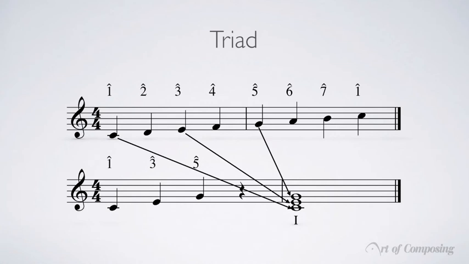And if we take a look at the C major scale again, if we're starting on the note C, a third above C is E, and then a third above E is G. That's what I meant by thirds, and that's just what happens to be the first triad, the tonic triad. And it's called the tonic triad because it's built off of the tonic scale degree, or scale degree 1.